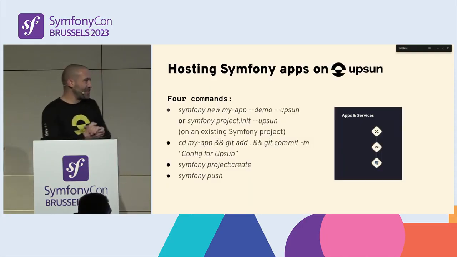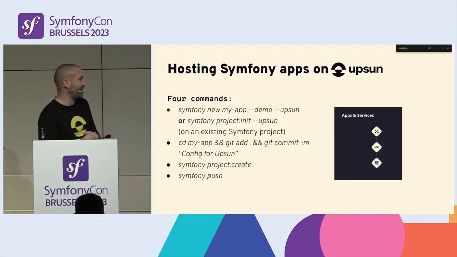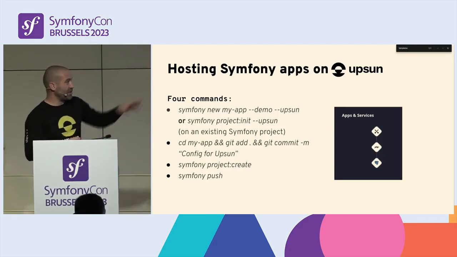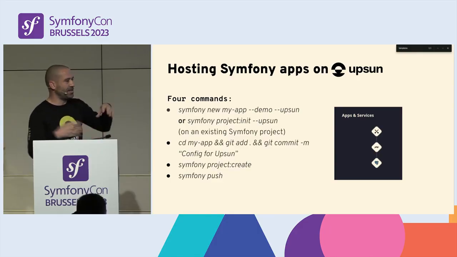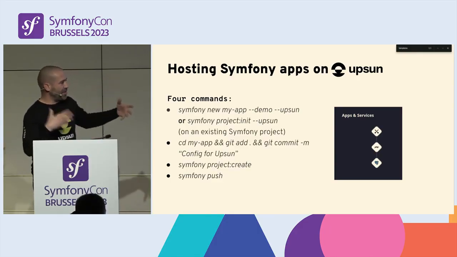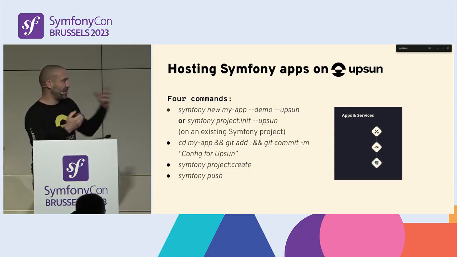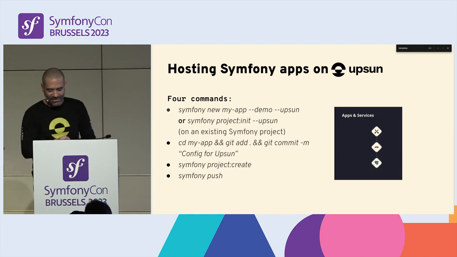Just to show you how easy it is to host a Symfony application with us, you only need 4 commands. You can create a demo with the Upsun option using the Symfony CLI, and thanks to Fabien, the Symfony CLI is embedding the Platform.sh and the Upsun CLI. So everything you can do with one or the other, you can do using the Symfony CLI.